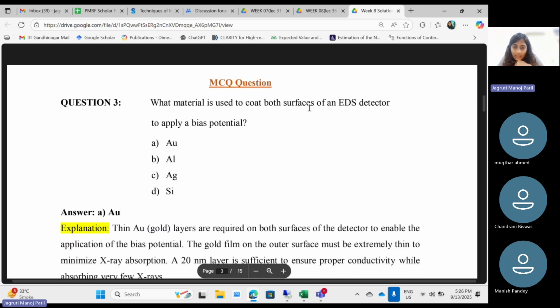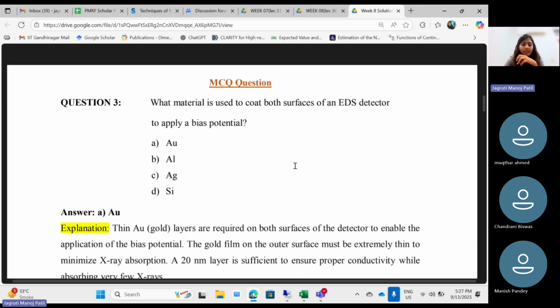Then, which material is used to coat the surfaces of both of them to apply a bias potential? You of course have an option of gold, but people also prefer platinum for it because of their conductive band balance, so that you have proper conductivity there. Eventually, your specimen is also sputter coated for some period of time with gold or platinum.